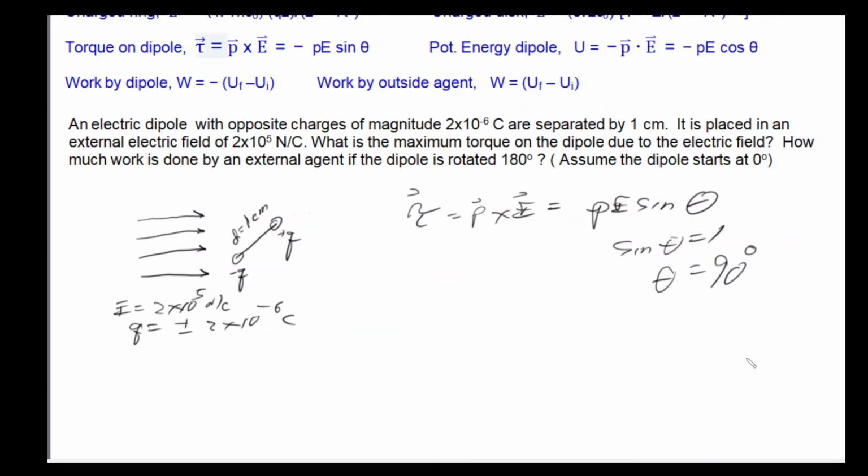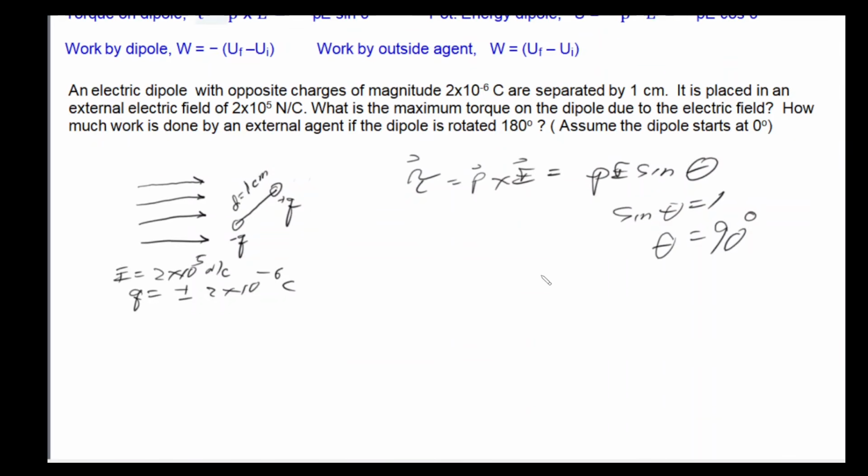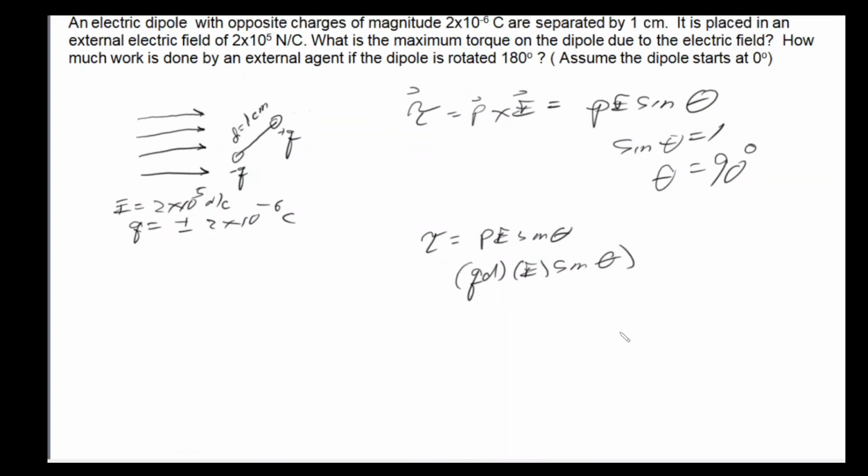So if we put that into the equation, the maximum torque is going to be equal to PE times sine theta. Well, P is the dipole moment, and that's Q times D, times the electric field times sine theta. And in this case, sine theta is going to equal 1.